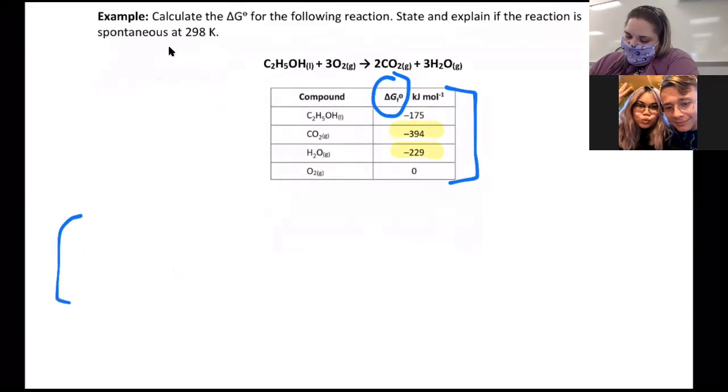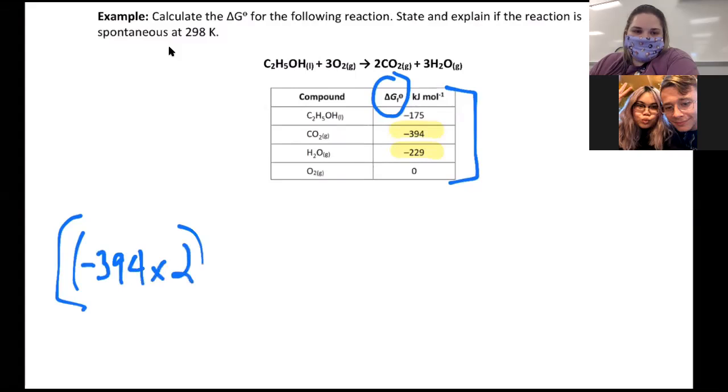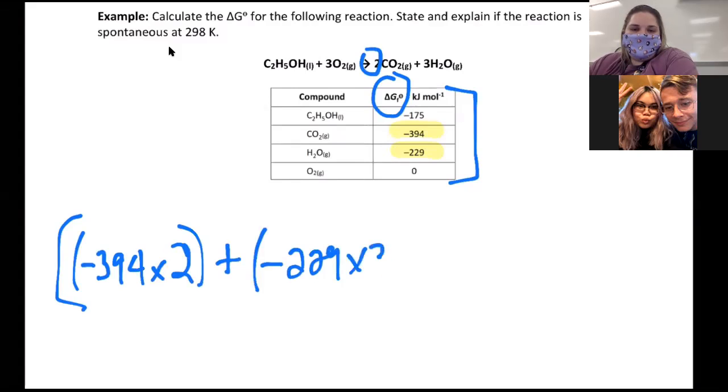So I have negative 394 times 2, okay, because there's a 2 in front of the CO2 in the equation. And then I'm going to add to that the other product, which is the water, which is negative 229. And that one gets multiplied by 3 because it has that 3 coefficient in front of the water on the product side. So those are my products.